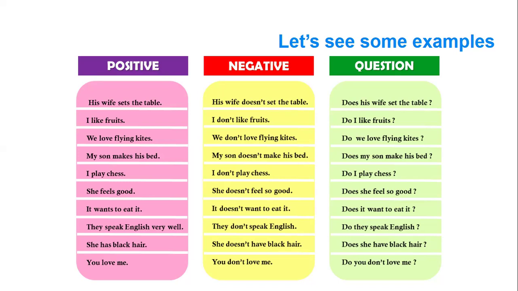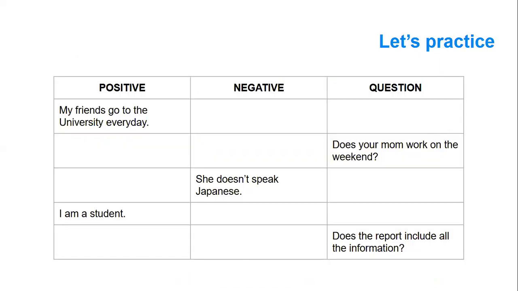Okay, so we're gonna do a little activity, okay, para practicar, right? Y les voy a dejar que ustedes puedan practicar in group, right? So what we're going to do is this, all right? Tenemos este pequeño exercise here, in which, as you can see, we have positive, negative, and question.